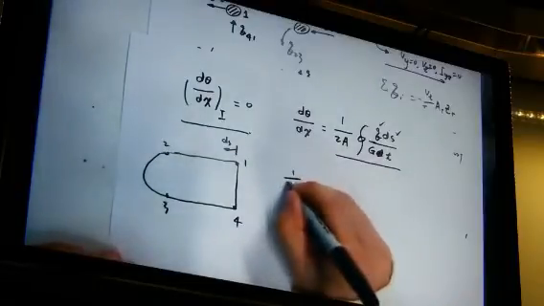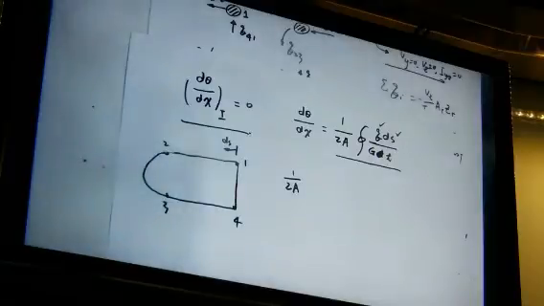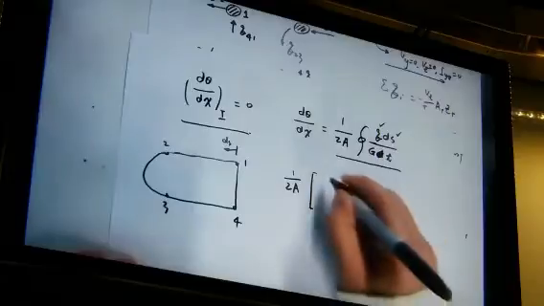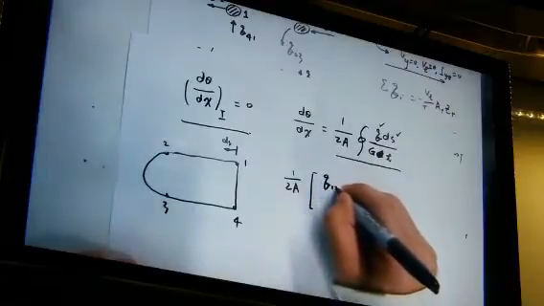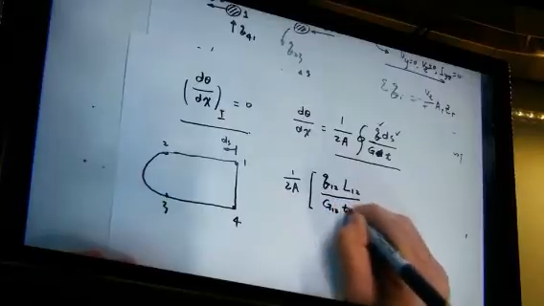So there will be 2A, where A is the area of the whole cell. 1, 2, 3, 4. The whole cell will give you an area. So 2A will be there, and that integration you can convert to a summation: L12, G12, t12.